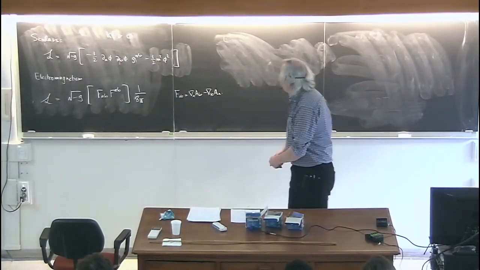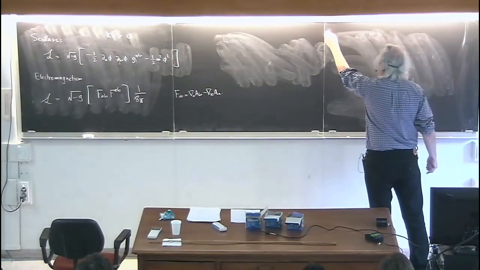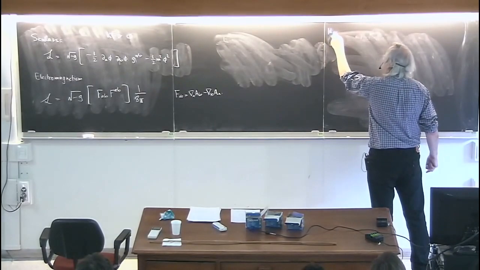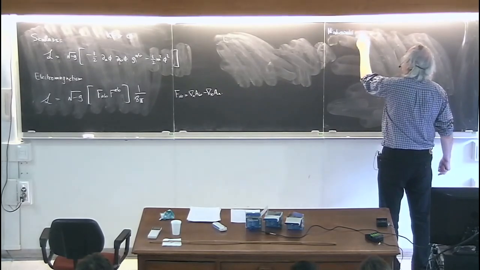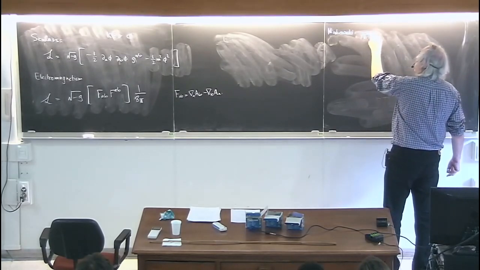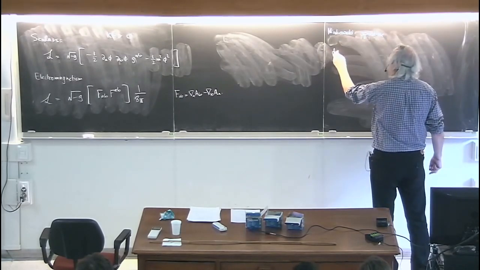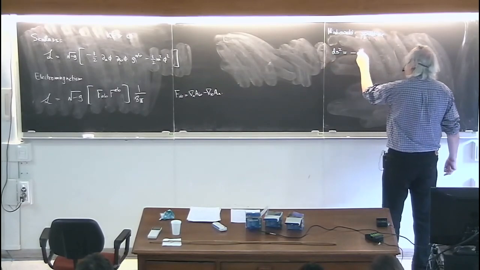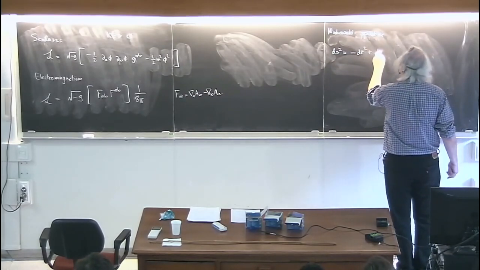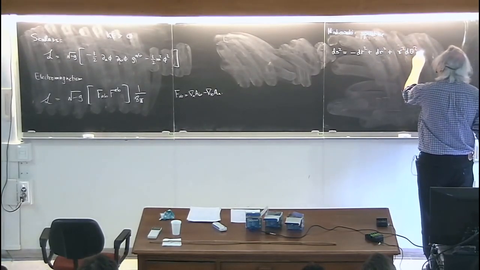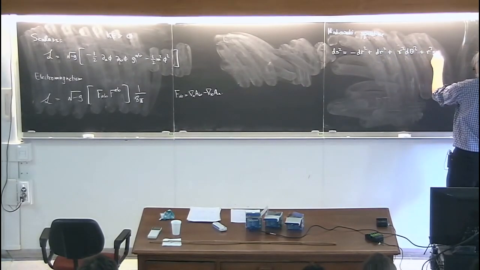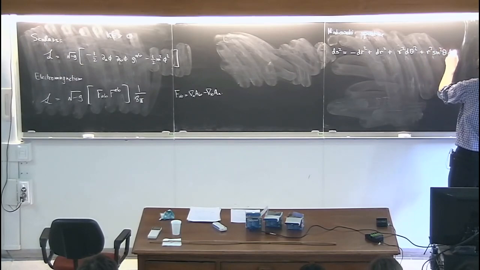So let's start off with Minkowski space in polar coordinates. So it's just minus dt squared plus dr squared plus r squared d theta squared plus r squared sine squared theta d phi squared.